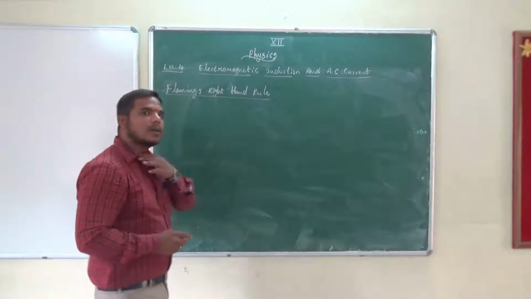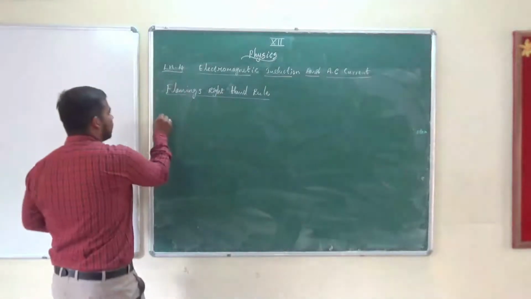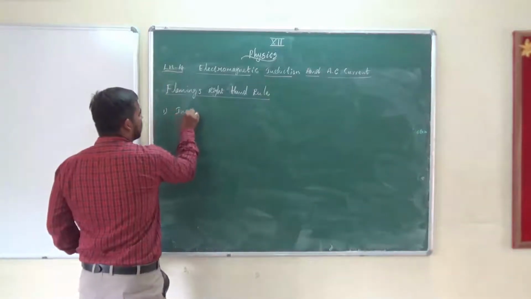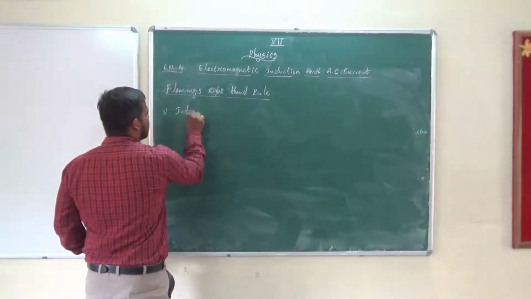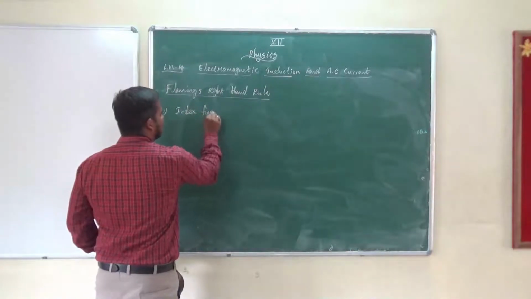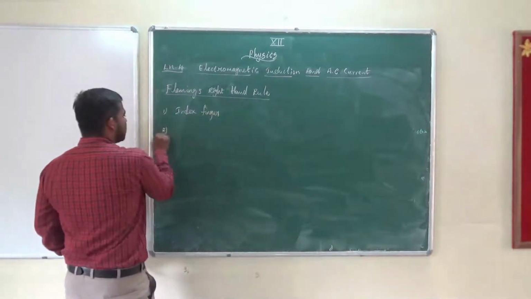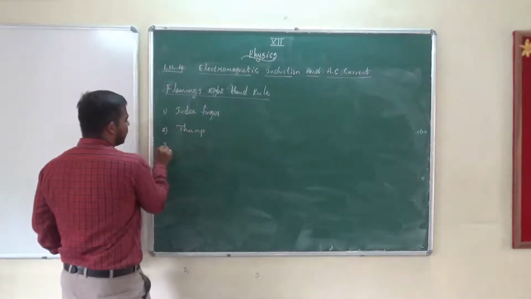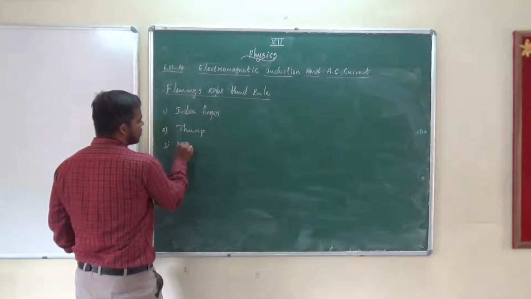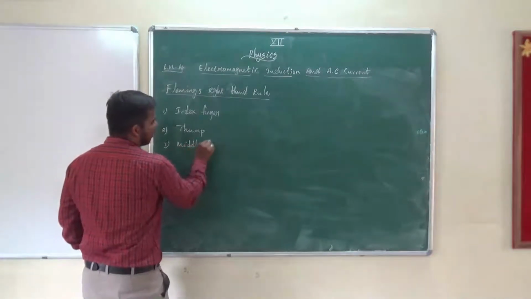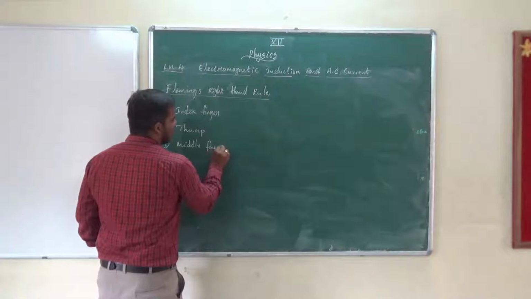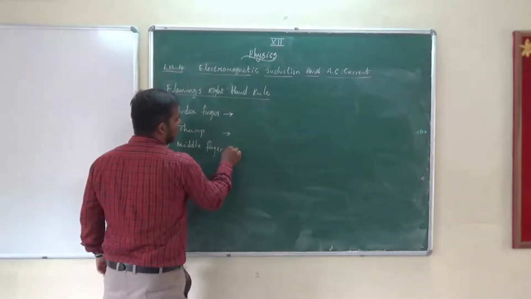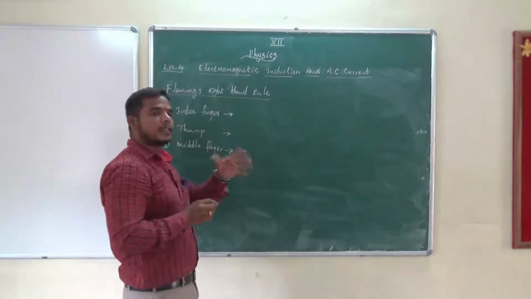So I will write first what the fingers are. First one, index finger. Second one, thumb. Third, middle finger. Each finger indicates a certain direction.